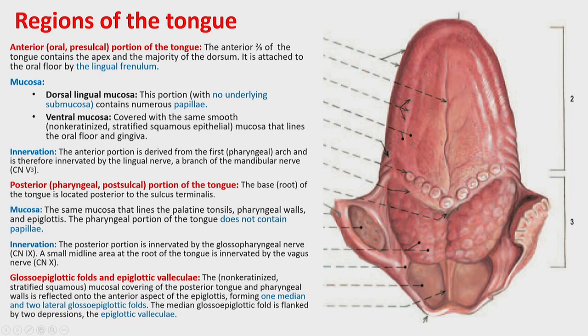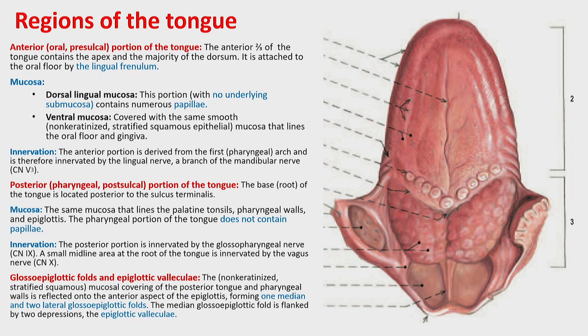The posterior one-third, which doesn't have papillae and contains the lingual tonsil, has the same mucosa that you have in the pharyngeal wall or epiglottis, which is here. It is innervated by the glossopharyngeal nerve, and a small portion in the center is innervated by the vagus nerve.